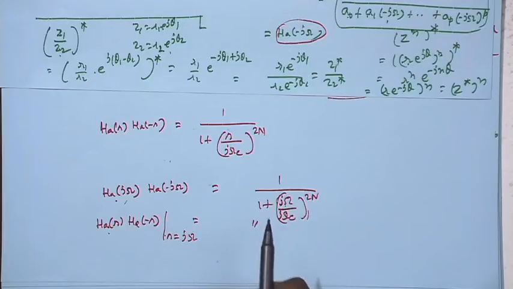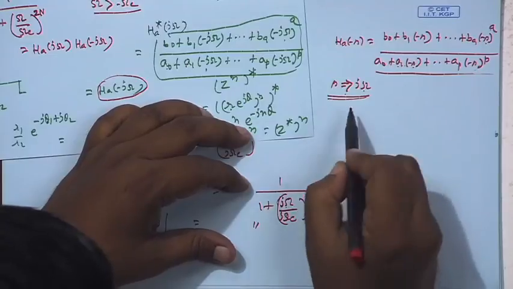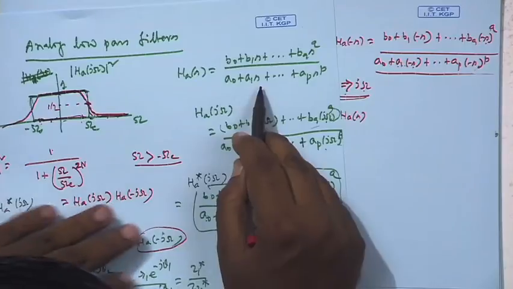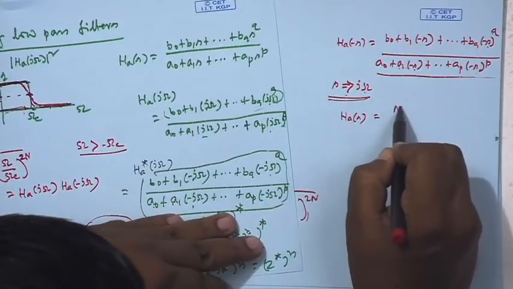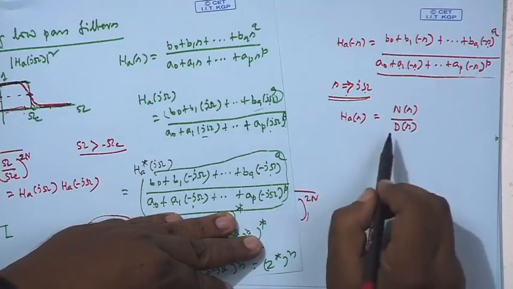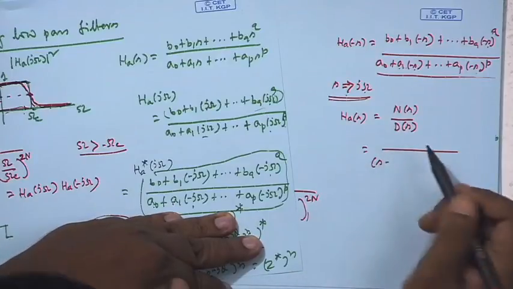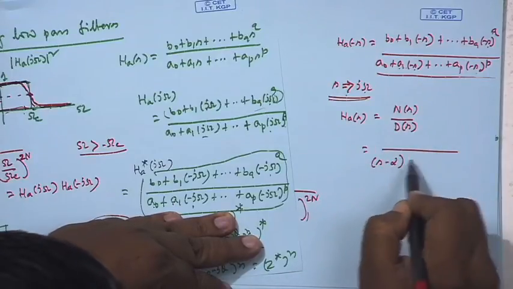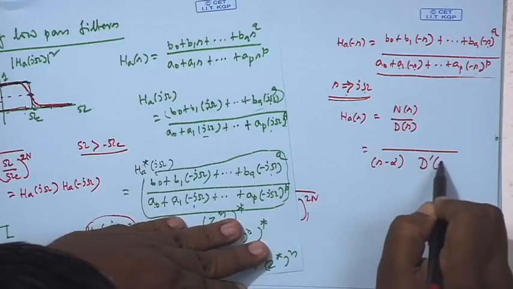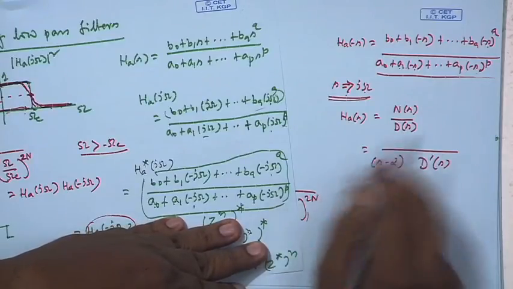Now, one thing we will see from here, suppose H_a(s), which is a numerator polynomial by denominator polynomial, in short I write as N(s) by D(s), N for numerator, D for denominator, and if I factorize the denominator polynomial, suppose I get one factor separately, s minus something, maybe alpha, and the remaining part I multiply, and it is a polynomial again, so I call it D prime(s), one degree less as compared to D(s), because s minus alpha, one particular factor, has been taken out.